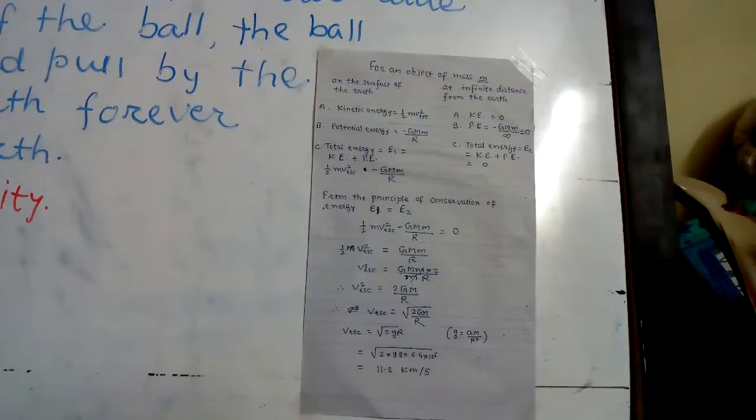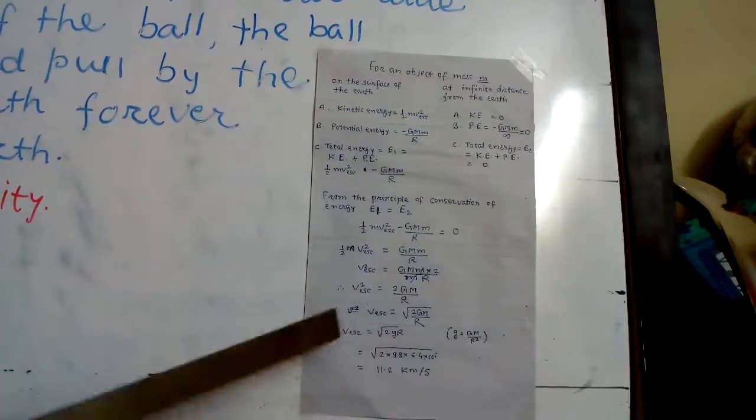For this, we divide and multiply by R here, so it becomes 2GM upon R. As we know, g is equal to GM upon R square. So GM upon R square is equal to g.